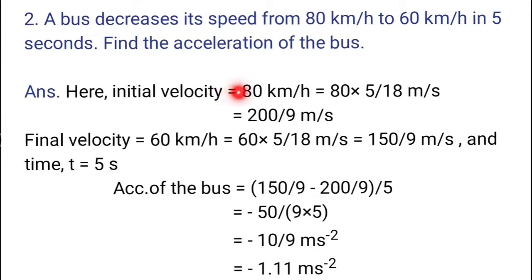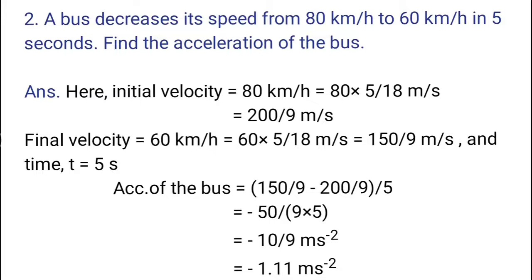So 80 km per hour is equal to 80 times 5 by 18, which comes out to be 200 upon 9 meter per second. Similarly, the final velocity is given as 60 km per hour. So it is equal to 60 times 5 by 18 meters per second, which is equal to 150 upon 9 meter per second.